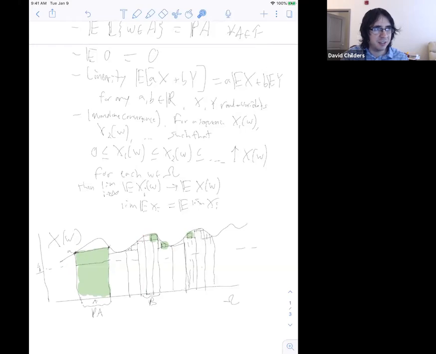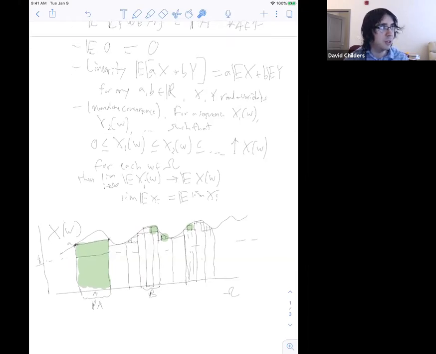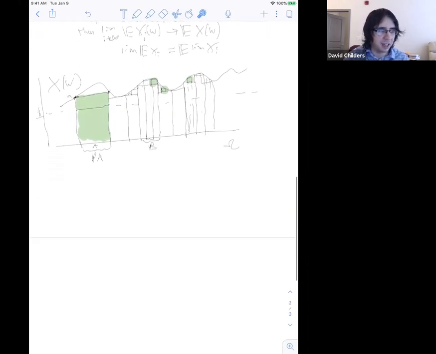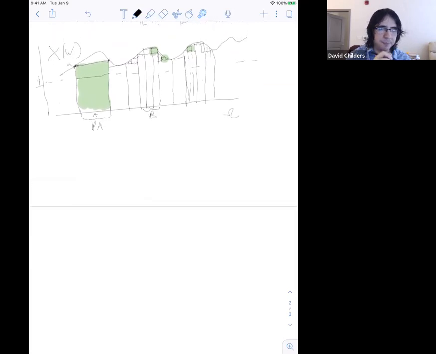That said, this is not how we calculate most expectations in practice. We have much simpler ways of doing so than by following the axioms. And so what we do is we define a density or a distribution. So let's define what a density is.